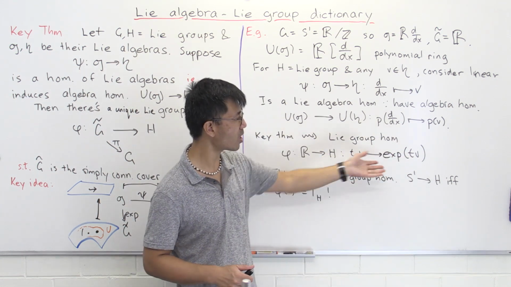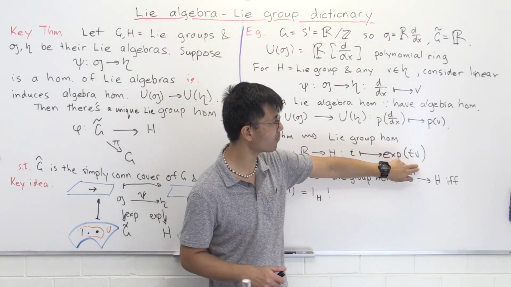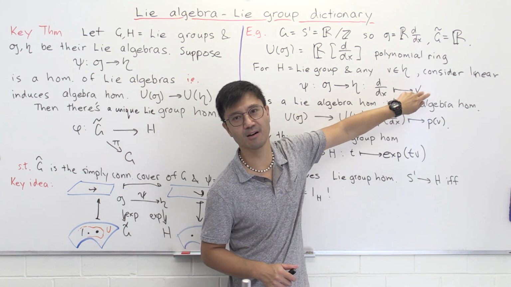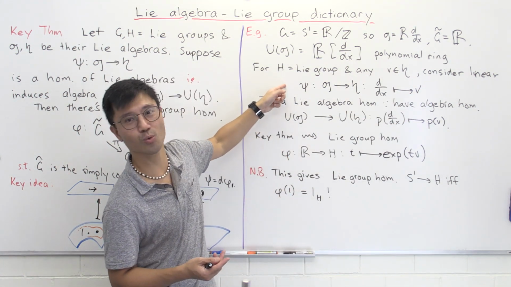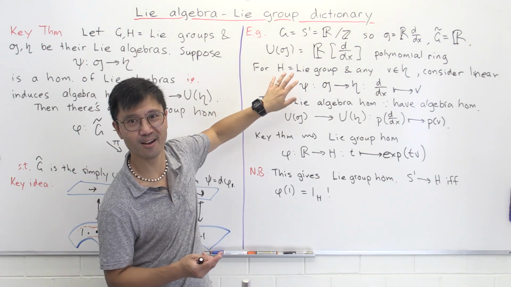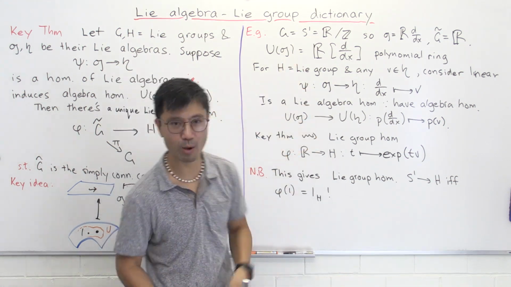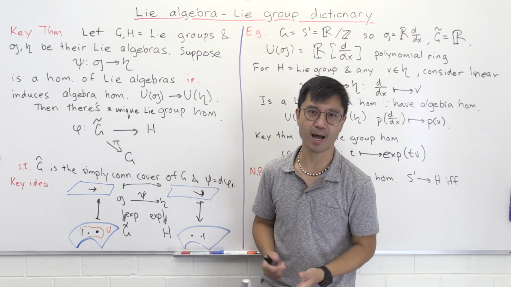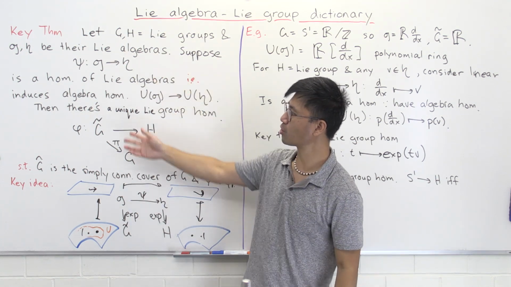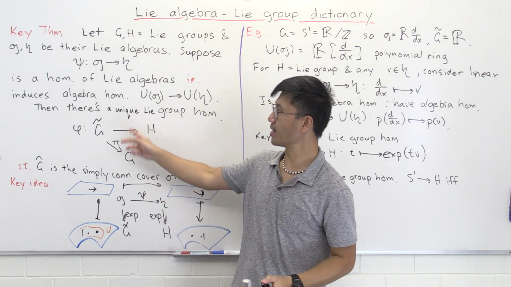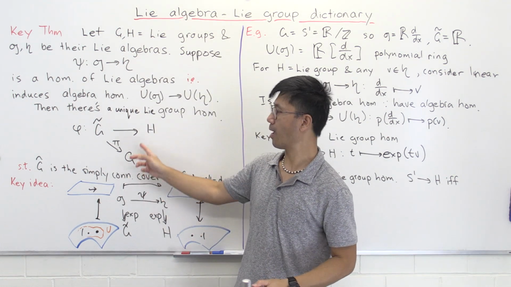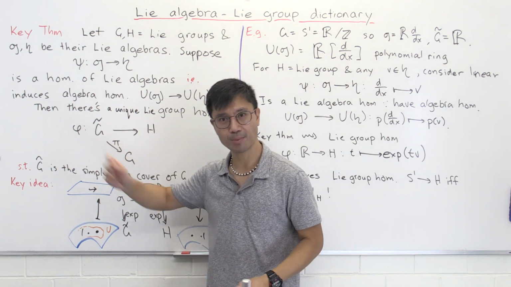And when you differentiate it with respect to t, of course, what's the vector that comes back out? It's V. So that's why the derivative of this phi is indeed what you want here. It is this psi. And that shows you a case where we've actually seen this key theorem in action, and the point is that it works more generally, not just for this example here. But if you have any Lie group, then here unfortunately you have to put the simply connected cover.